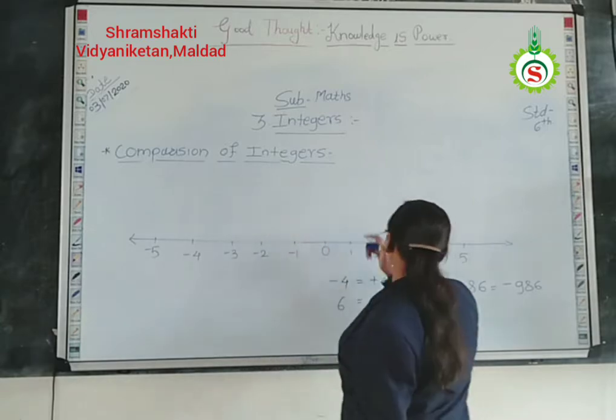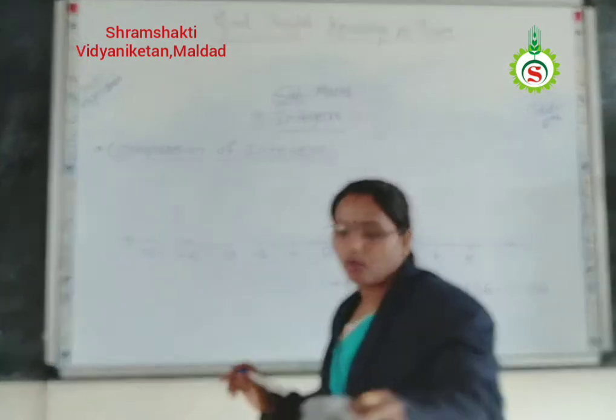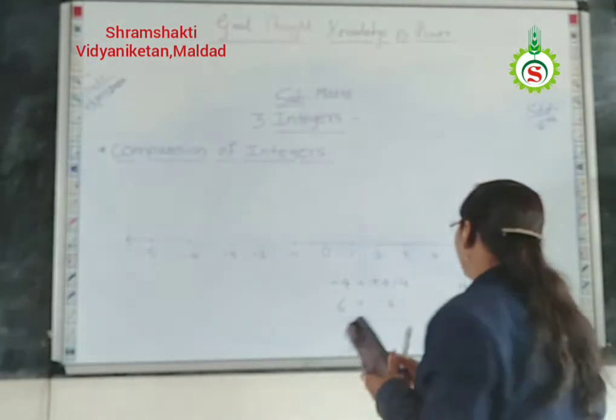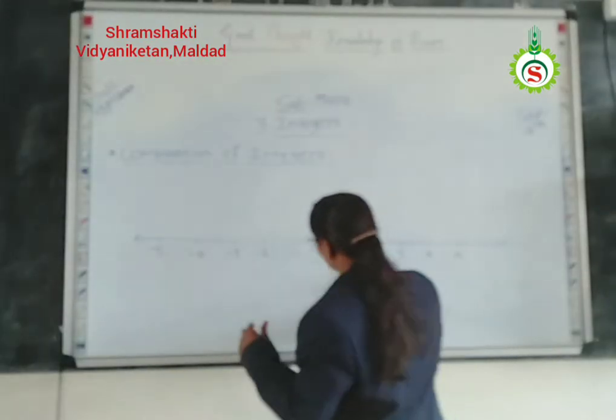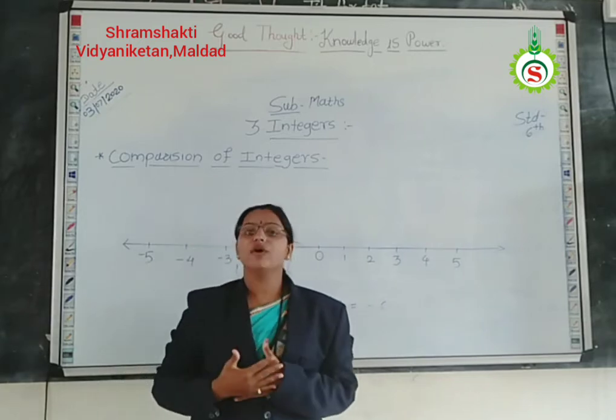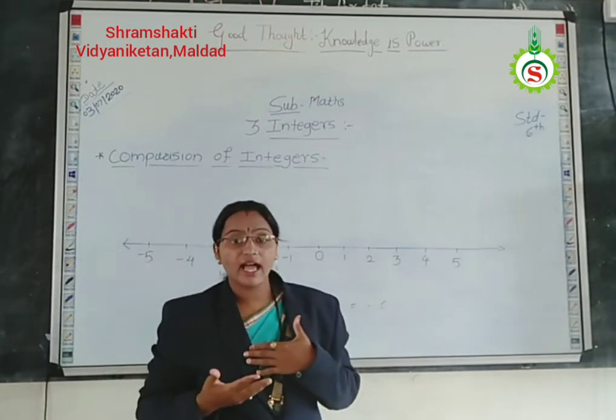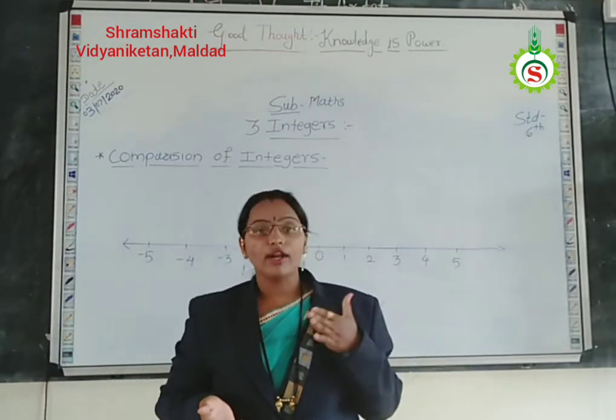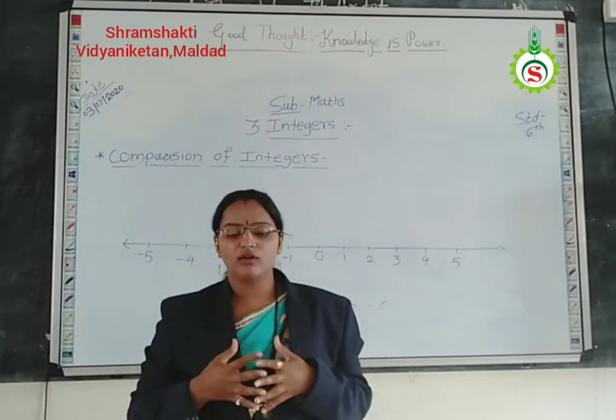In this video, we will study about comparison of integer. So, what is meant by comparison of integer? Comparison of integer means the value of first quantity is greater than, smaller than or equal to the value of other quantity.